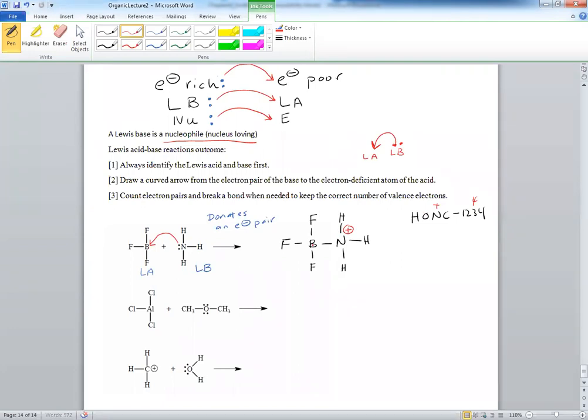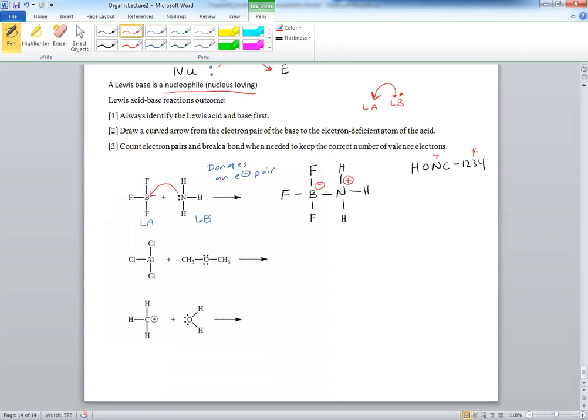So if this is positive, and we started with neutral, then one of these must be negative. Well, the only one that changes is boron, when you can calculate it using the method. So here's what we call our product. Sometimes it's called an adduct, but we're not going to use that terminology.